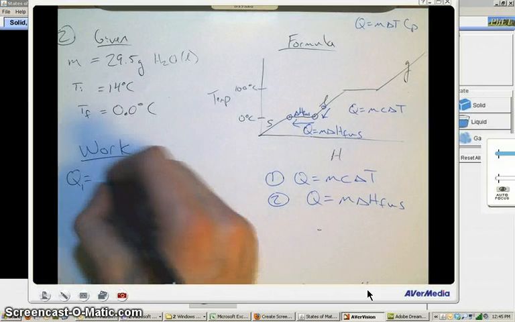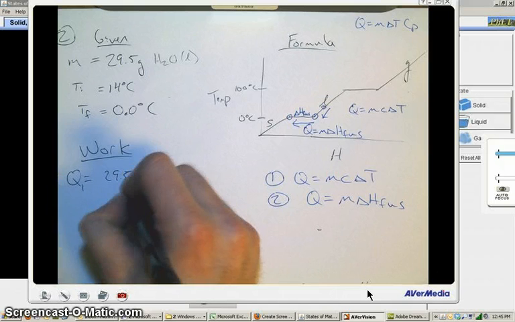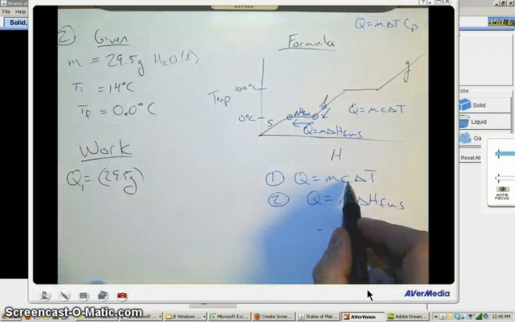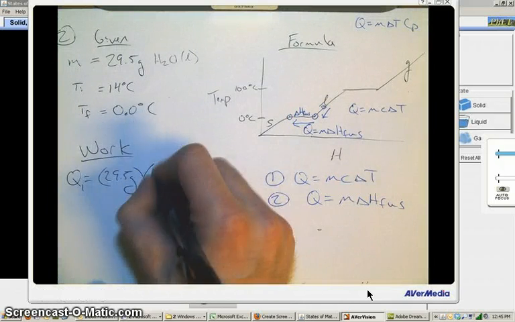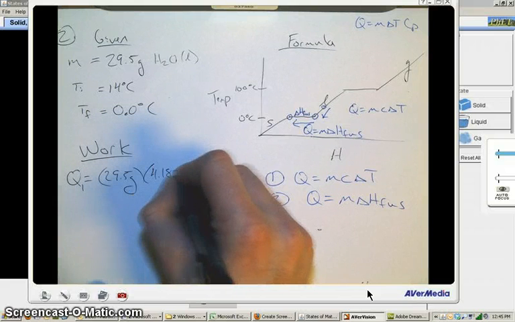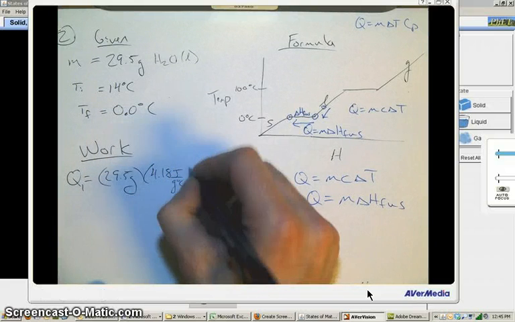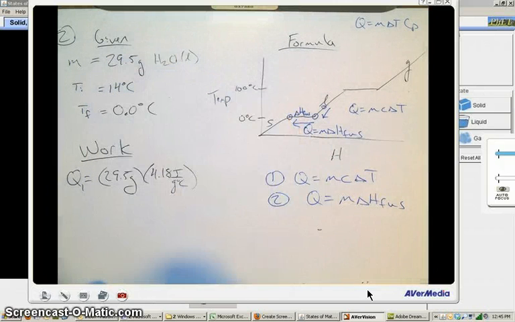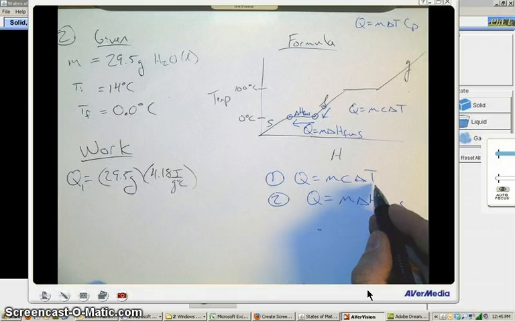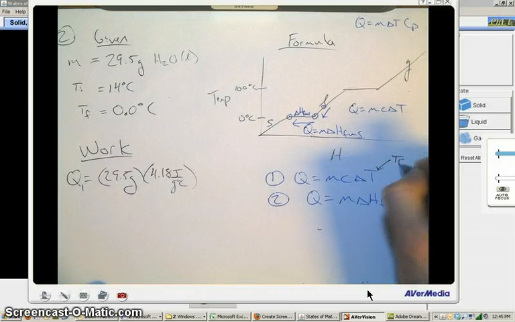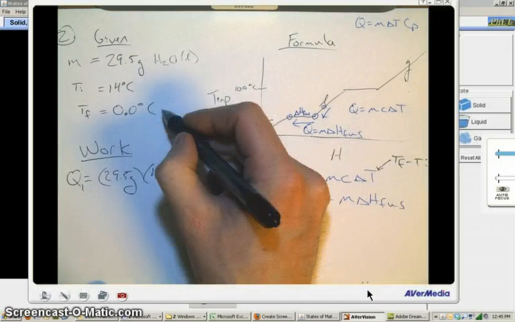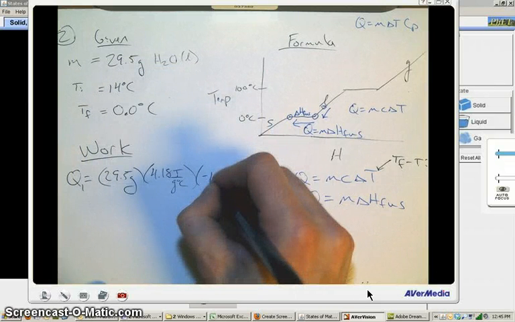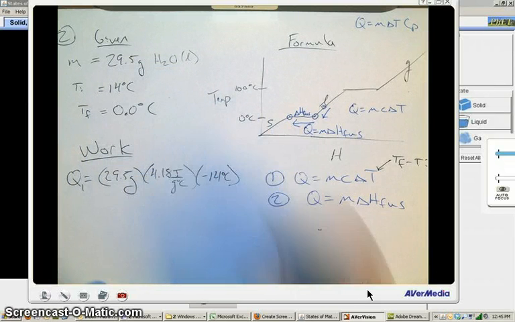Q1, the mass is 29.5 grams. What's the specific heat of water? Well, I know the specific heat of water is 4.18 joules per gram degree Celsius. What's the temperature change? Well, it goes from 14 to 0, but remember, delta T is always TF minus TI, so it's 0 minus 14, which means it's negative 14 degrees Celsius.